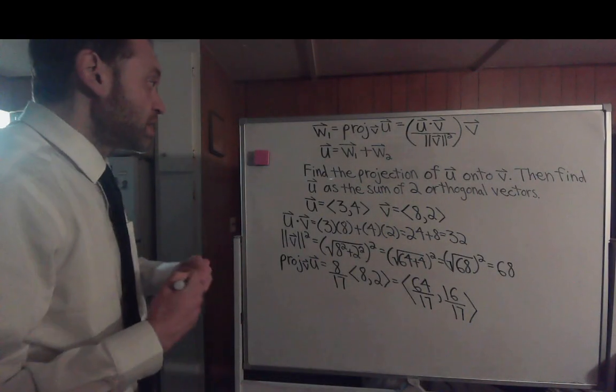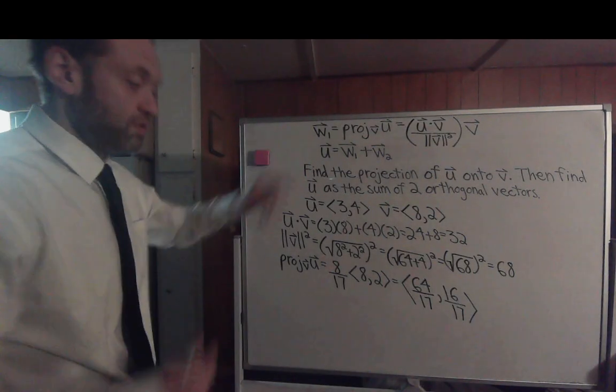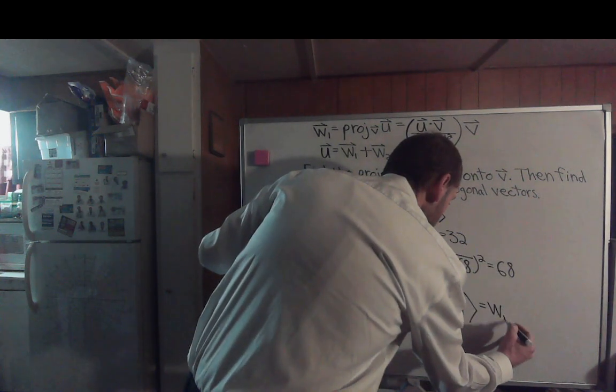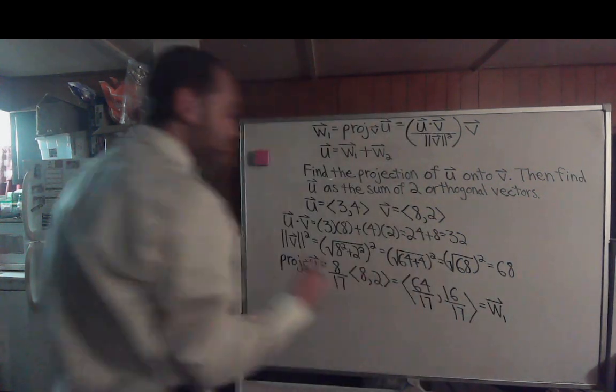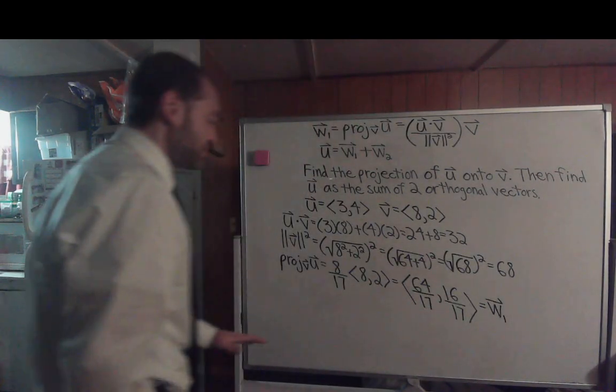And the projection of u onto v is also vector w sub 1. So we found vector w sub 1 being 64/17 and 16/17.